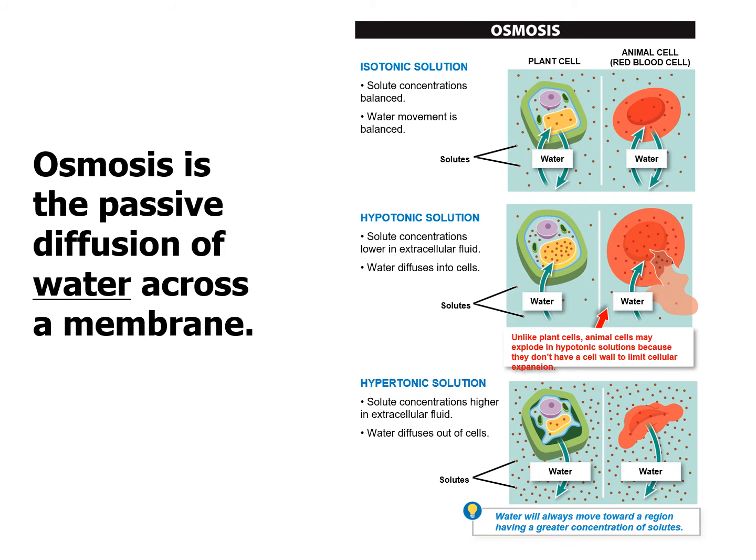You have a hypotonic solution, where water is going to diffuse into the cell until the cell bursts or swells. In the case of our animal cell, over on the right in that illustration, we have a red blood cell versus a plant cell. With hypotonic solutions, water is going to enter that plant cell and it's just going to swell.